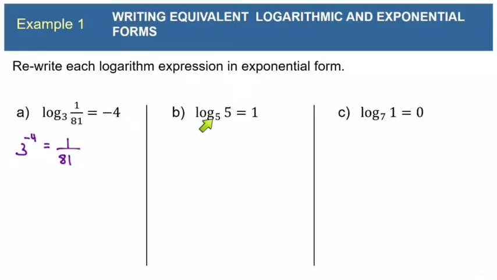And this one says log base 5 of 5 equals 1. So this is going to become base 5, the exponent is 1, and the other side is 5. And we know that's true. Okay, this one says log base 7 of 1 equals 0. So the base is 7, and the exponent is 0, and the other side is 1.